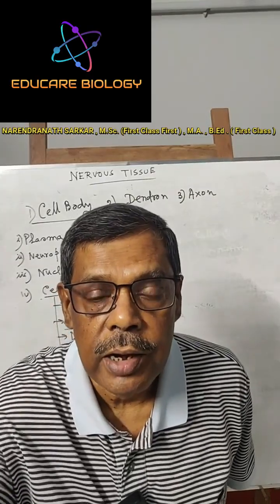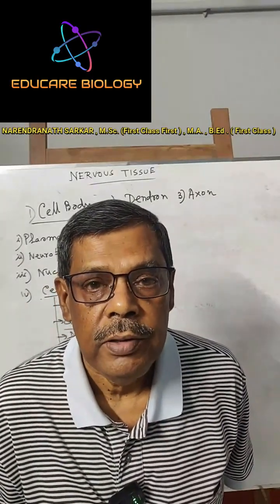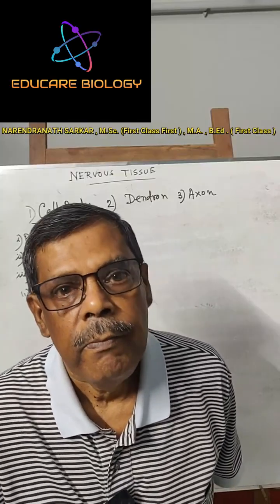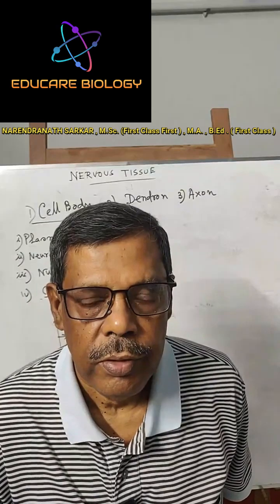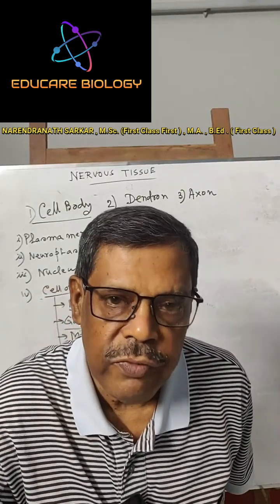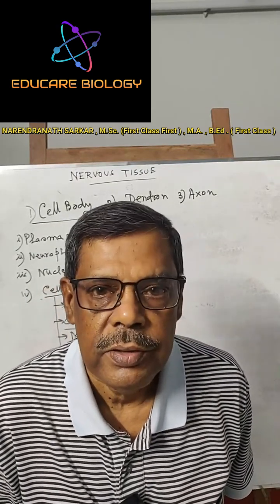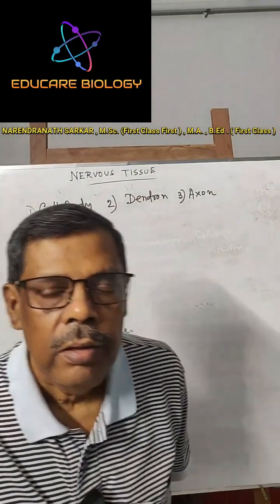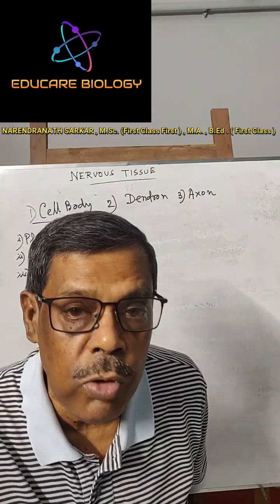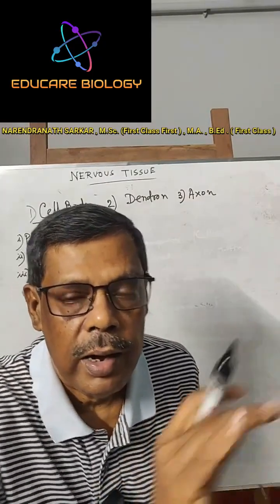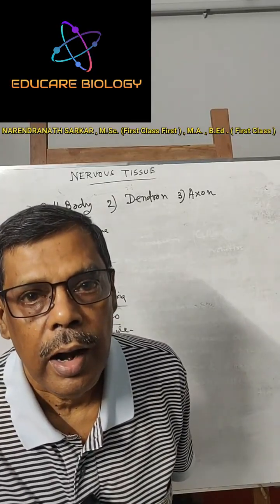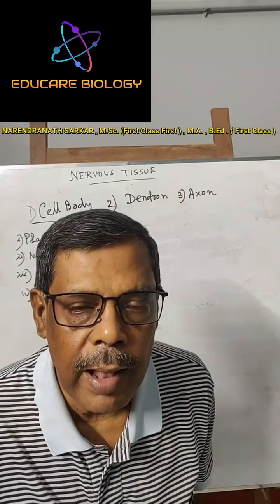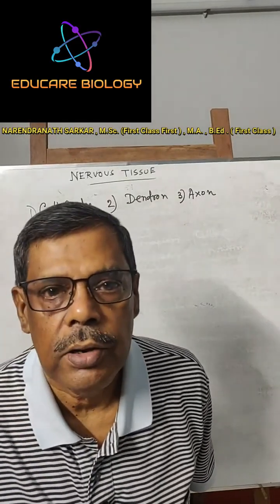What is the function of the cell body? It receives stimulation or nerve impulse from the dendron or receptors and transmits this nerve impulse to the axon.